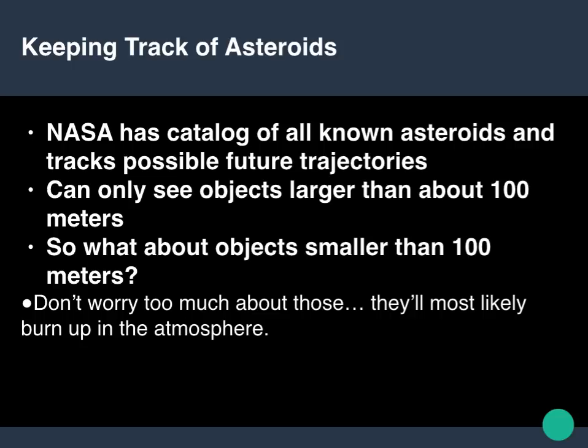Question? The question is, how do you know that the trajectories won't just change over time? This goes back to Newton's principles, where an object in motion will remain in motion until another force is acted on it. If there's not something else that hits it or bumps it in a certain way, then it's not going to change its path very much.